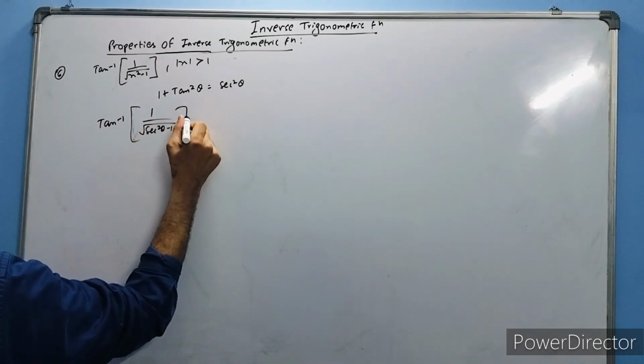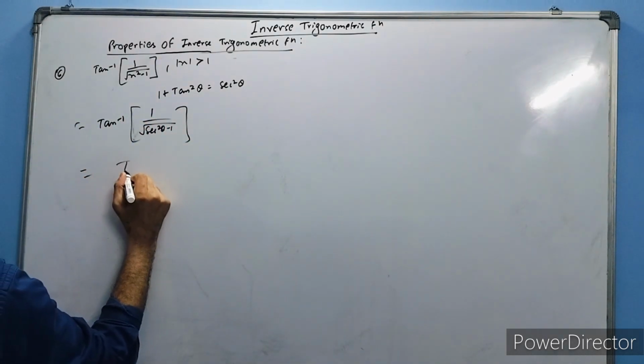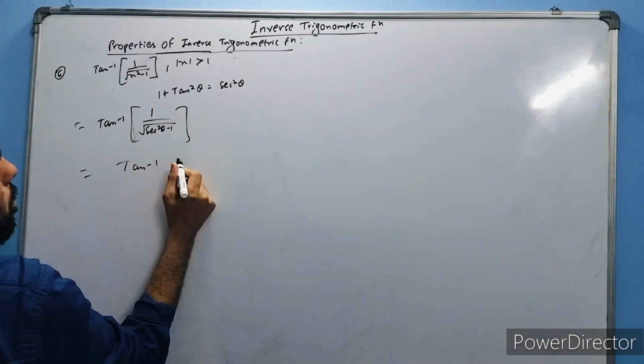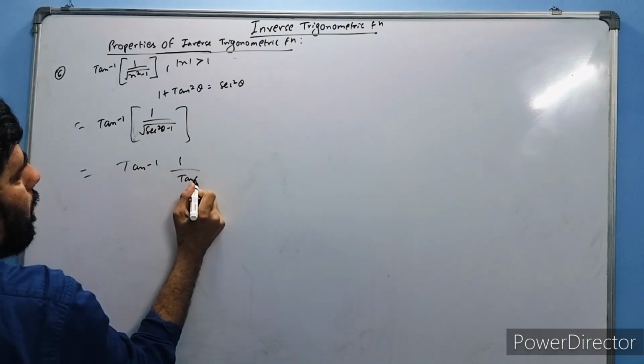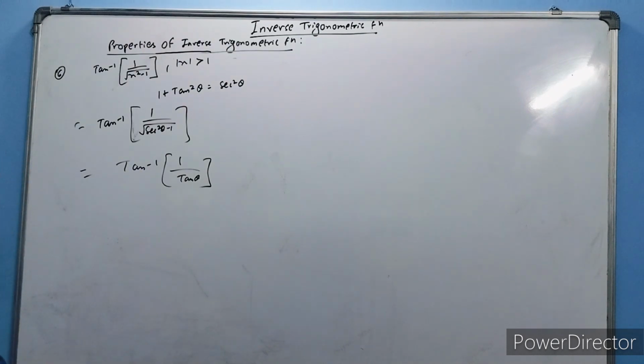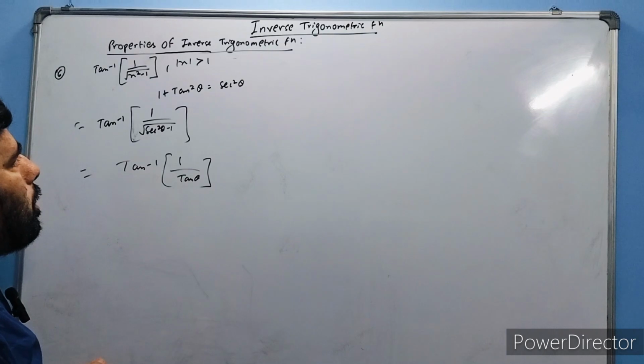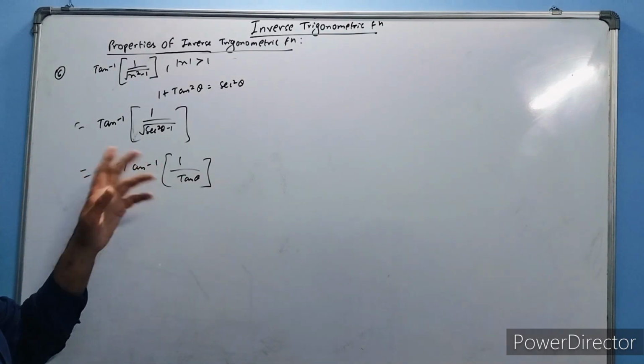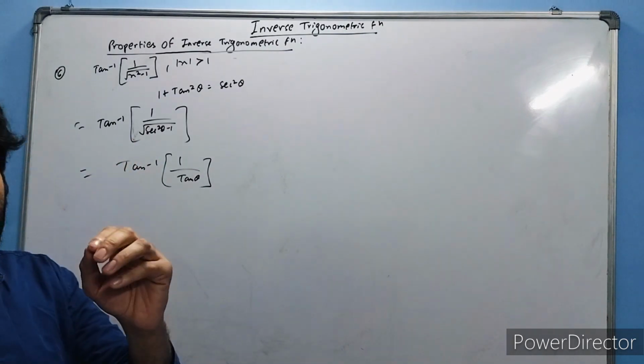it will become tan inverse of 1 upon tan theta, because sec square theta minus 1 is tan square theta, and under root it will be tan theta.